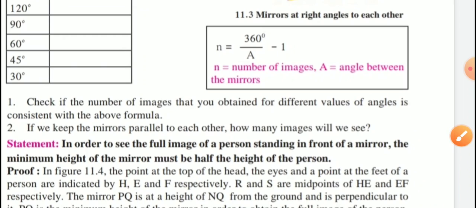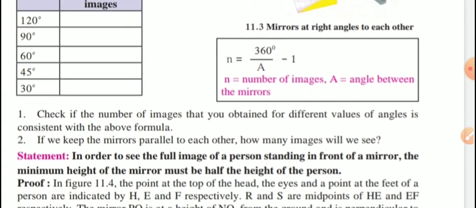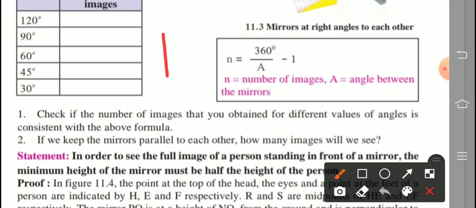Next, if we keep the mirrors parallel to each other, how many images will we see? Both the mirrors are parallel to each other this way, and we put one object in between these two mirrors.